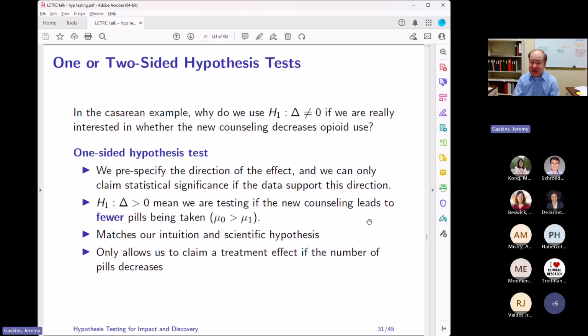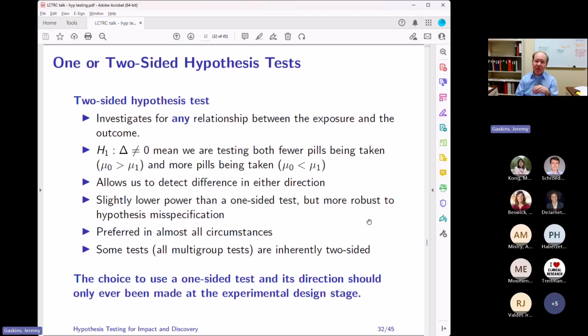The nice thing here is that it matches our intuition. It may be a little closer to the scientific hypothesis that I'm interested in. And it's going to allow us to claim a treatment effect only if the number of pills actually decreases.